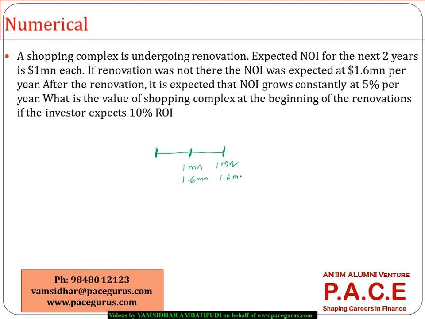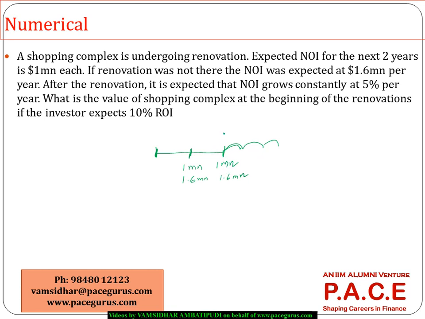After the renovation, it is expected that NOI grows constantly at 5% per year. What is the value of the shopping complex at the beginning of the renovation if the investor expects 10% ROI?